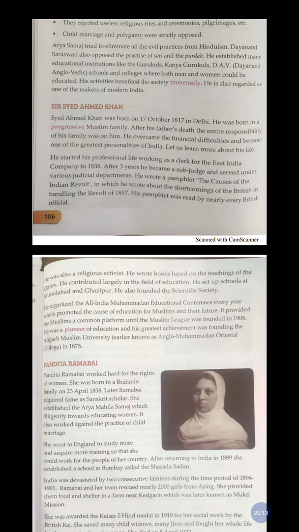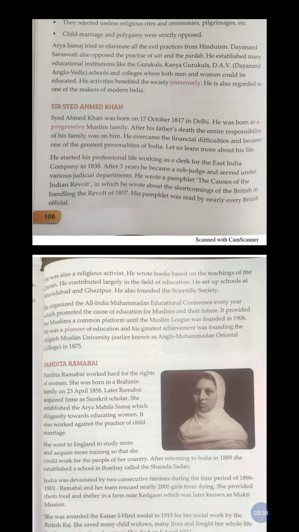Okay, and he was a pioneer of education, and his greatest achievement was founding the Aligarh Muslim University. So students, Sir Syed Ahmad Khan's greatest achievement was founding which university? Aligarh Muslim University.